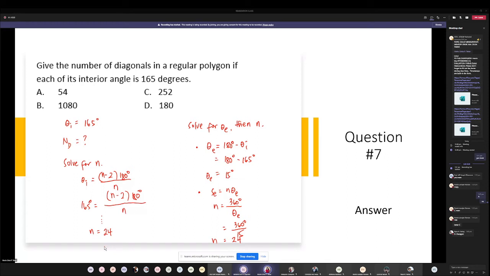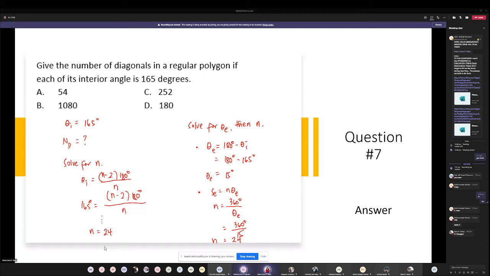To reduce the chance of getting an incorrect answer, it would be better to use the exterior angle formula. Of course, sometimes, especially if we have limited time, we can recall the longer solution. There's no problem with that as long as the solutions are correct. I'm just showing two possible solutions and which of the two is the simpler one. So we are not yet done.